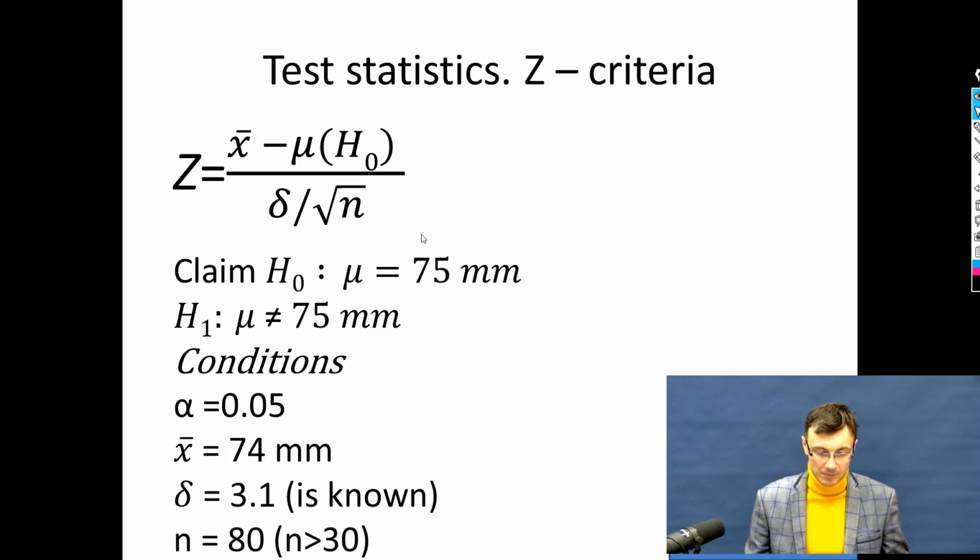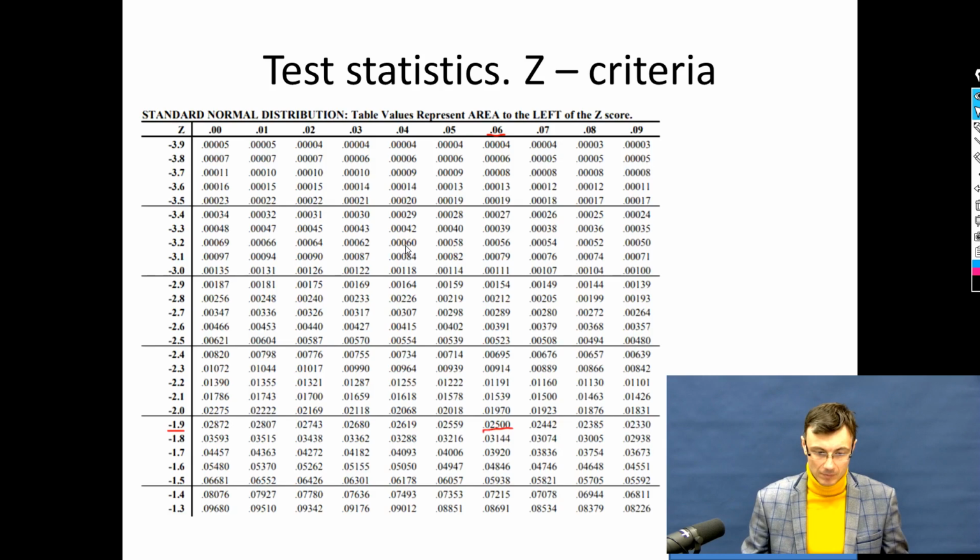Then how we use it. With the statistics in that criterion, we know that our level of significance was 5%, and this is a two-tail test, I'll explain later why it is two-tail.